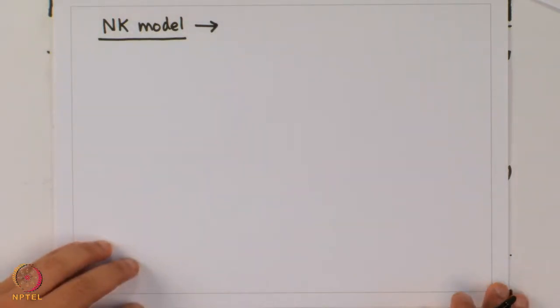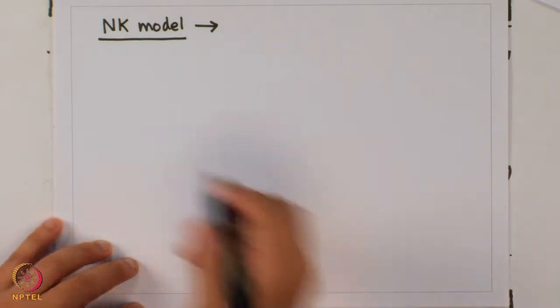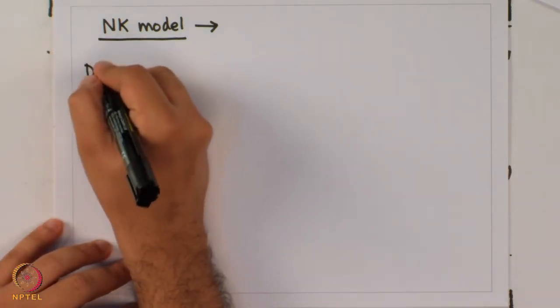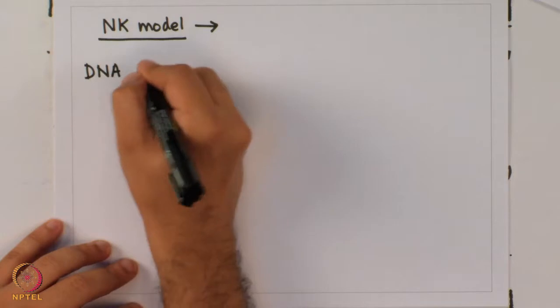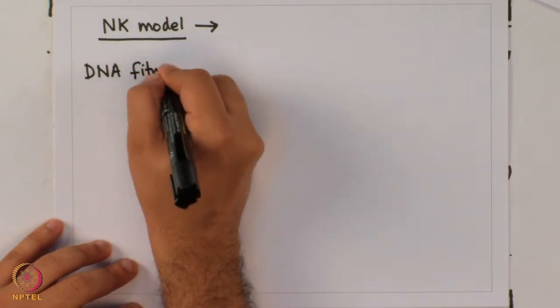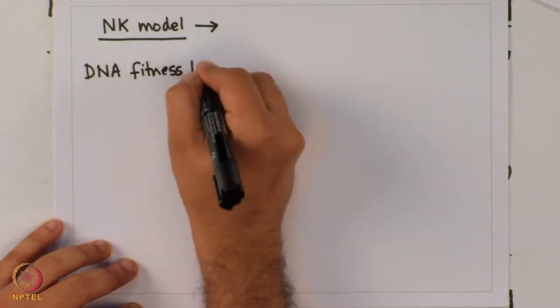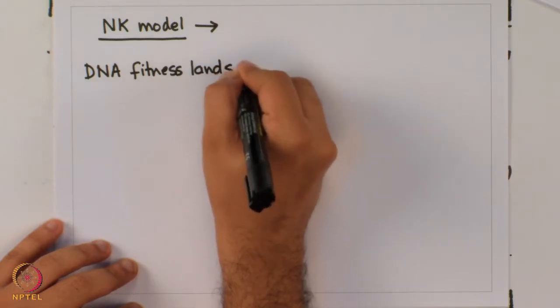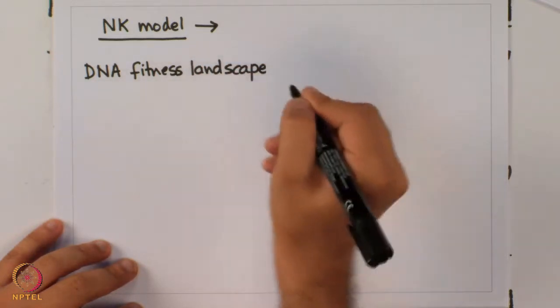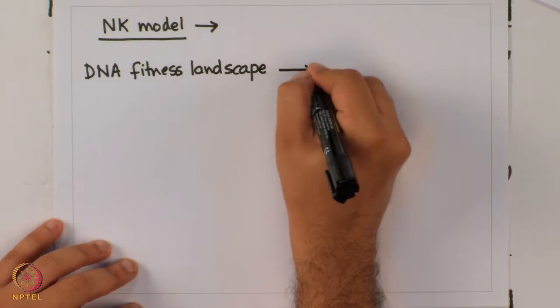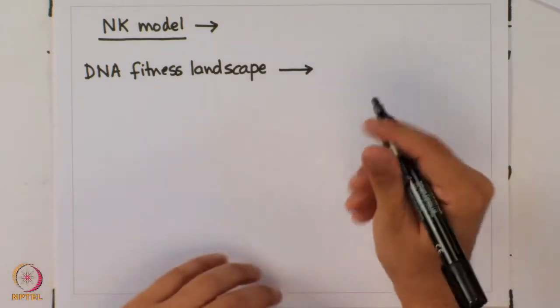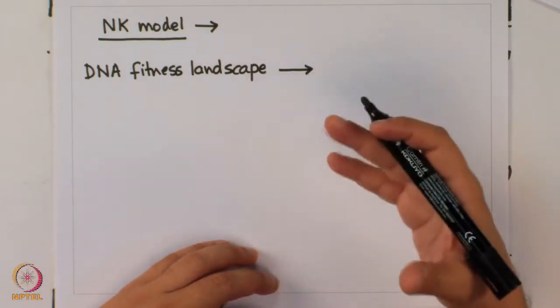The first thing that this model assumes is that DNA is going to be treated as a binary molecule.